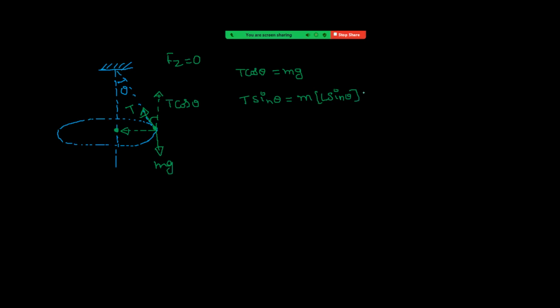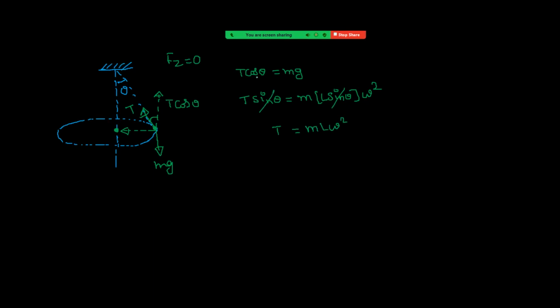So m r omega square, because we have to calculate now time period of revolution. That's why I have taken m r omega square. Otherwise, we can take m v square by r. So from this, sine theta gets cancelled. So T equal to m L omega square.